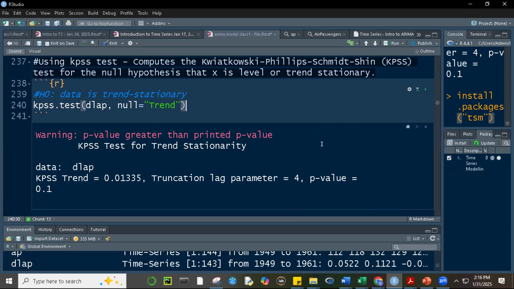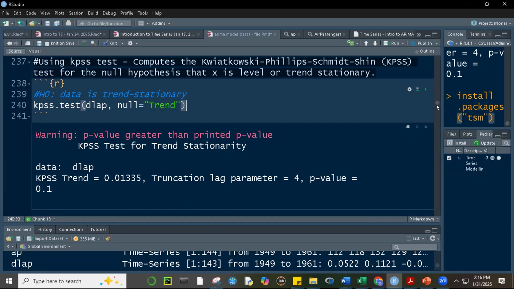And our p-value is 0.1, which means that we fail to reject the null hypothesis since this is greater than 0.05. So there is strong statistical reason to believe that your time series is trend stationary. So there's a difference between the KPSS test and the ADF test.